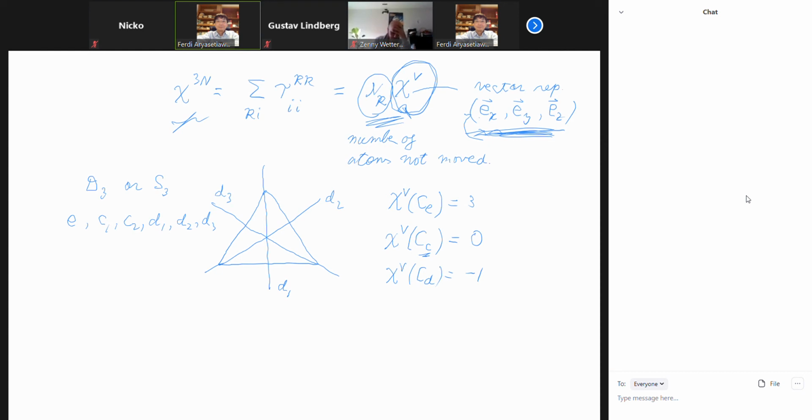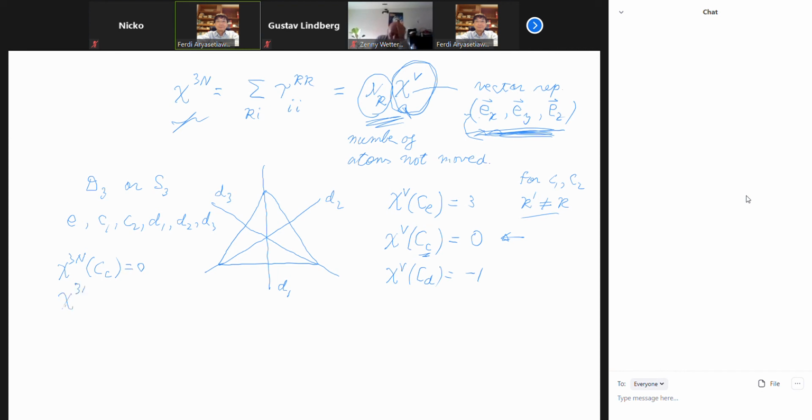So this would mean that the new atom, R prime, is not going to be equal to R. It's for the C1, C2, because we rotate the molecules around the z-axis, which is perpendicular to the plane, then all the atoms will change place. So then it doesn't contribute. That's why it's just 0. Okay. So we have chi3n of the C is equal to 0.